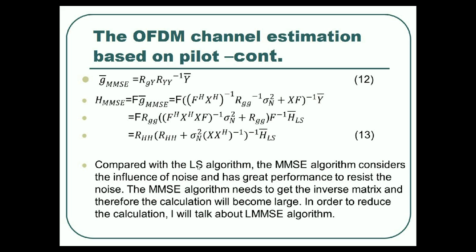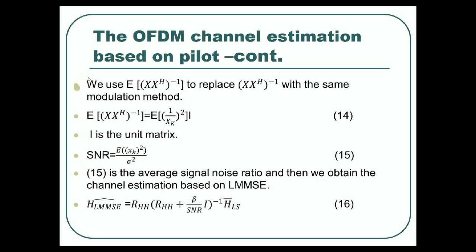So in order to reduce the calculation complexity, I will talk about the LMMSE algorithm. We use this expected value to replace this value with the same simulation method, and we get equations 14 and 15. The SNR is the average signal noise ratio, and we obtain the channel estimation, and then we can obtain the LMMSE estimation, which is shown in equation 16.